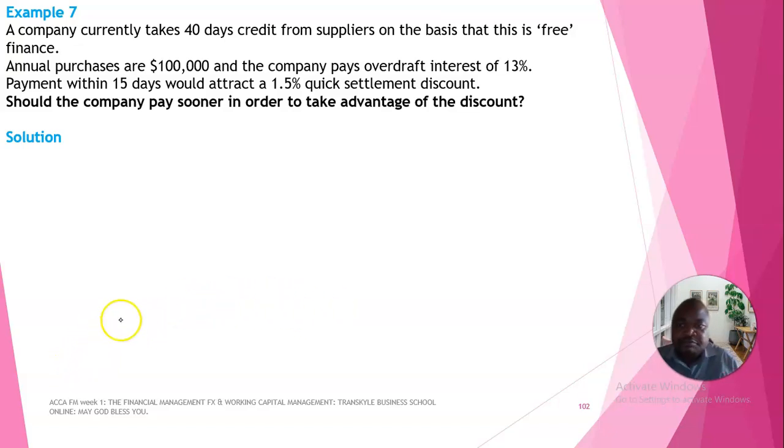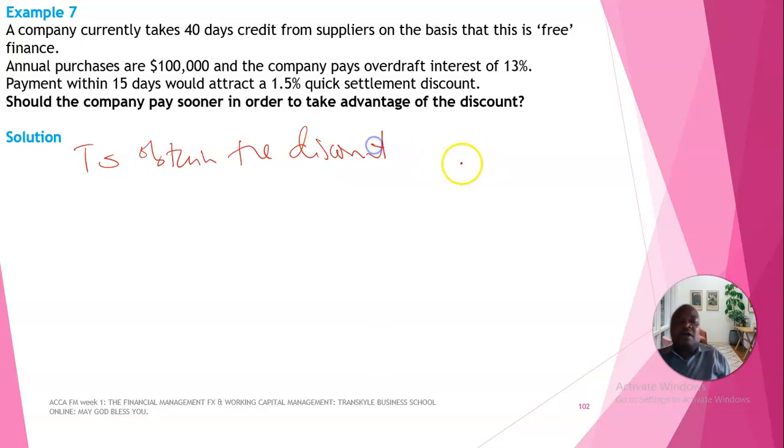So, to obtain the discount, it means they have to pay 25 days sooner. Okay, 25 days sooner.